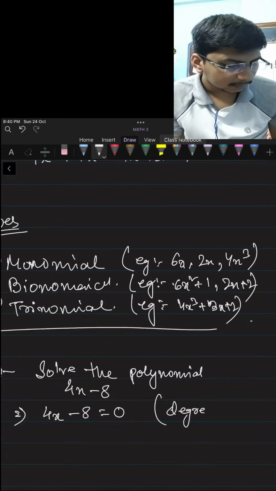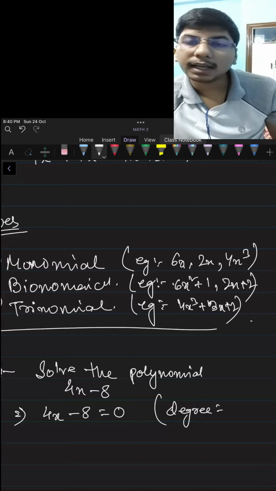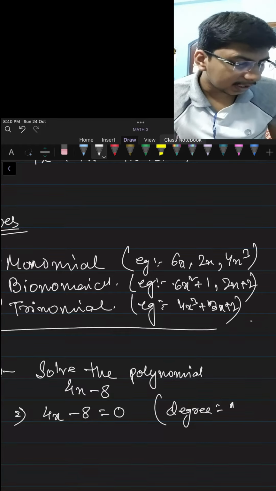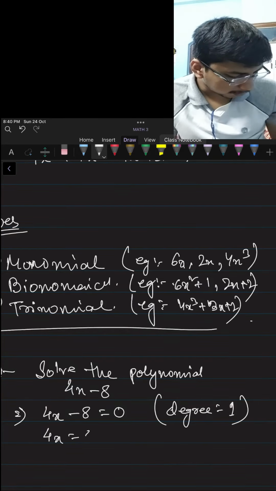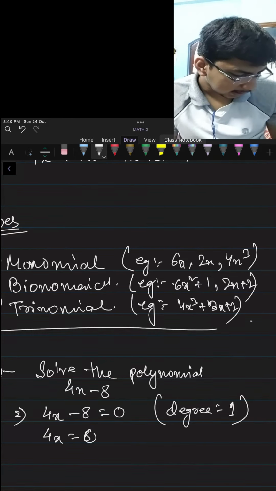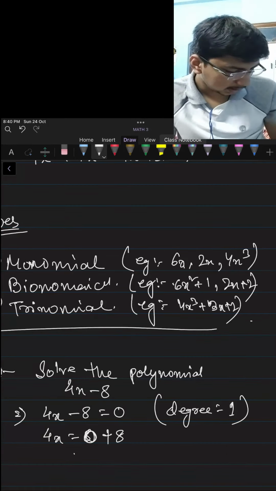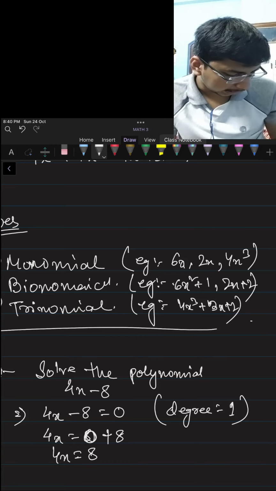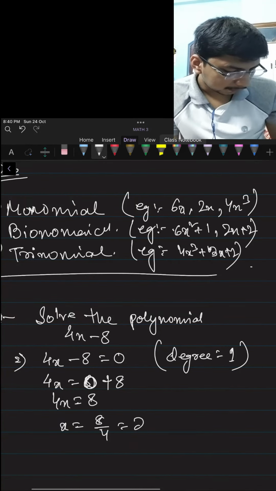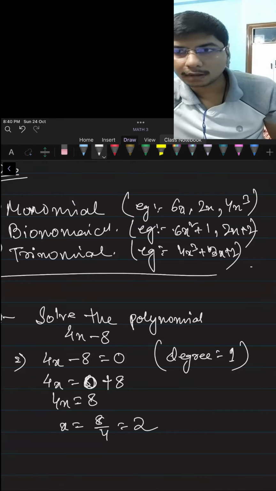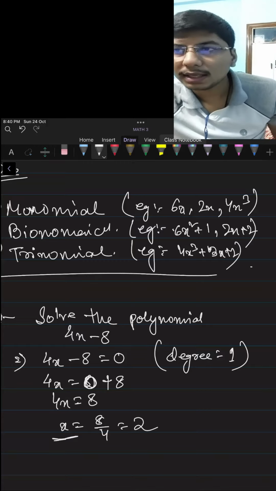The degree is the highest power of x, which is 1. So this is a linear polynomial. Similarly, 4x equals 8. How is it 8? 0 minus 8, sorry, 0 plus 8, so 4x equals 8, and similarly x will be 8 by 4, which is 2. Thus the value of x is 2.